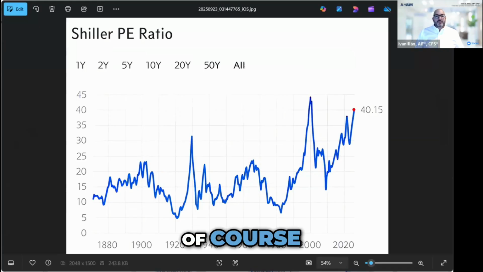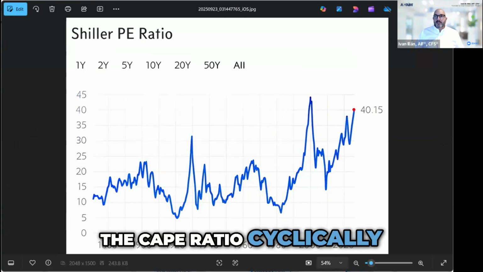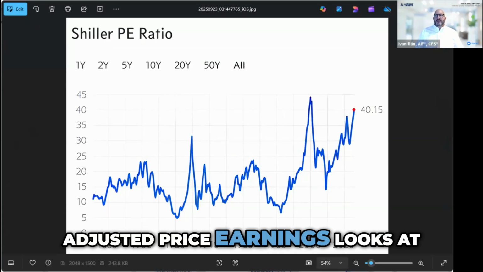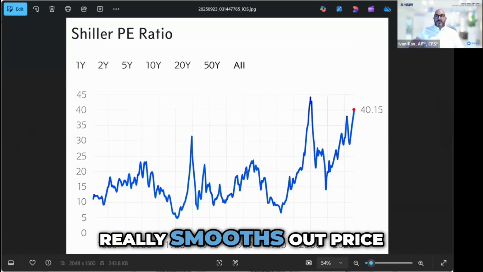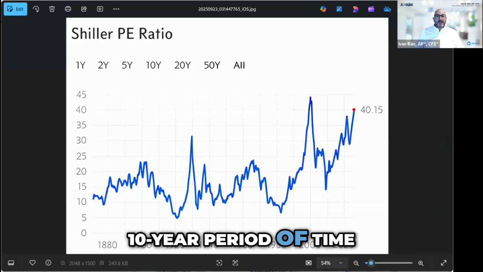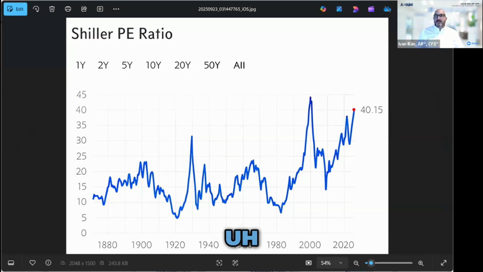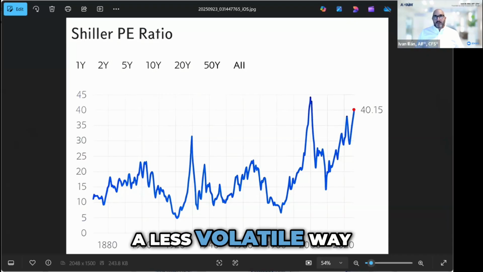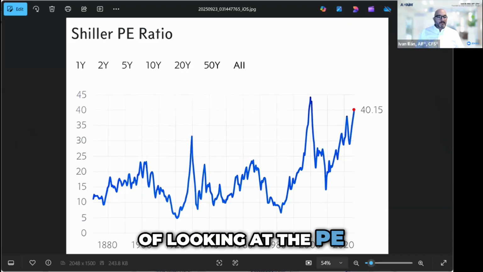So of course, the Shiller ratio we look at, the CAPE ratio, cyclically adjusted price earnings, really smooths out price earnings calculations over a 10-year period of time, and is a less volatile way of looking at the PE.